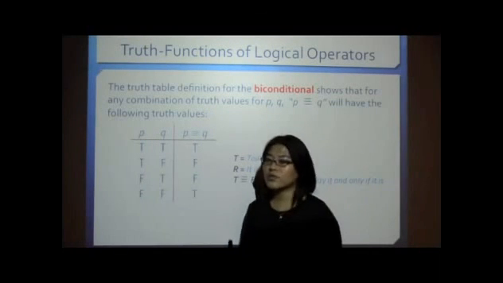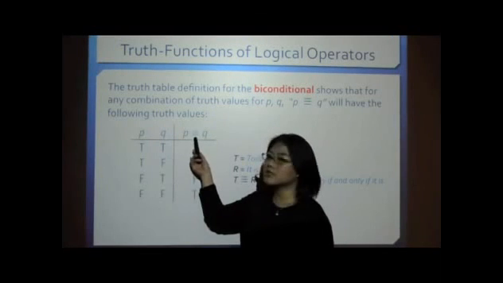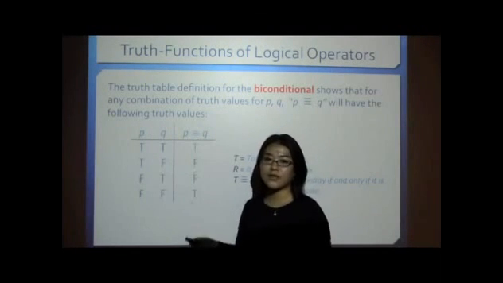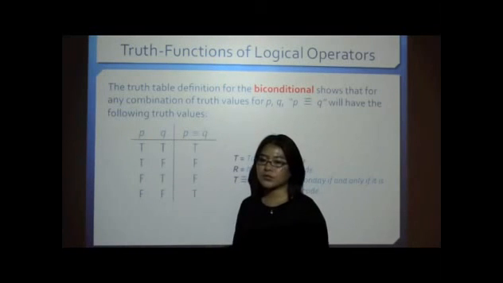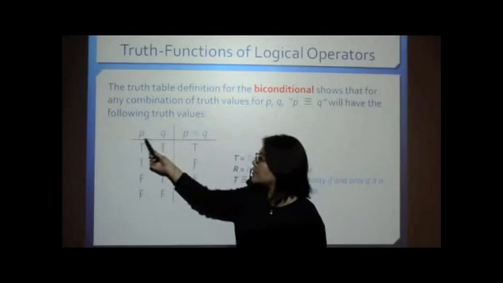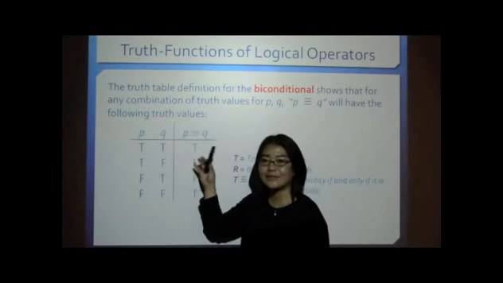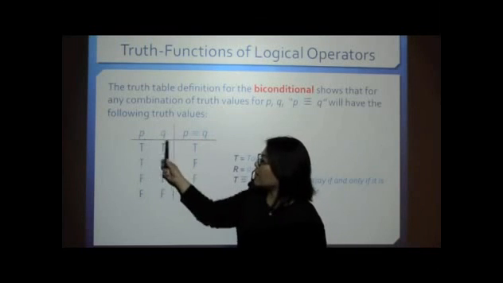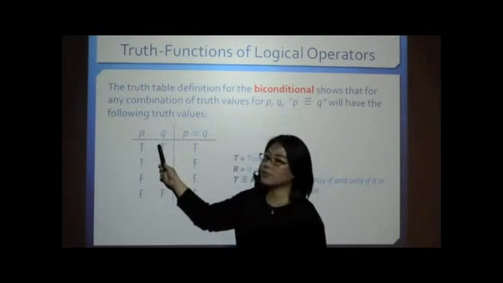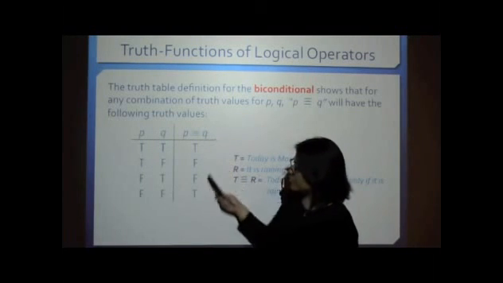So the one rule that you can use to help you memorize the truth function for the biconditional logical operator is the following. A biconditional statement is going to be true anytime both the statements that make up the biconditional have the same truth value. So notice here, when P and Q have the same truth value, they're both true, or they're both false, then the biconditional will be true.